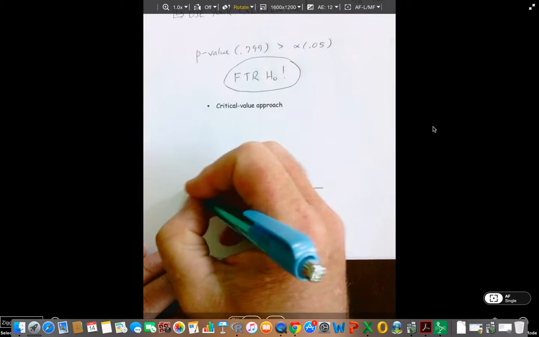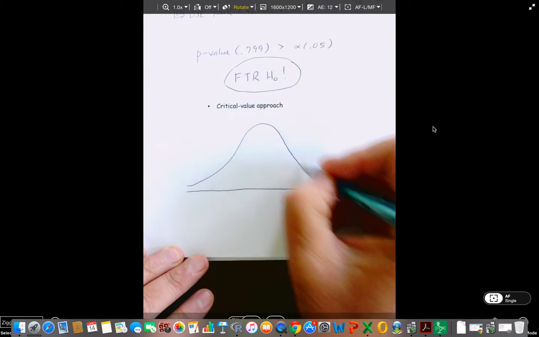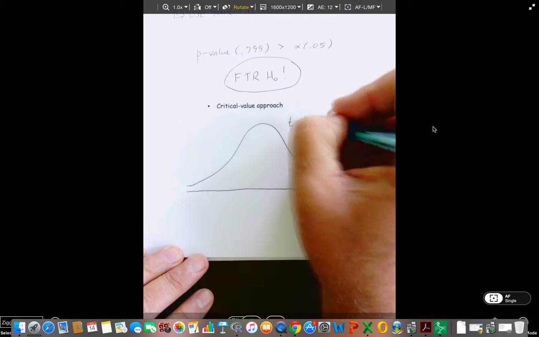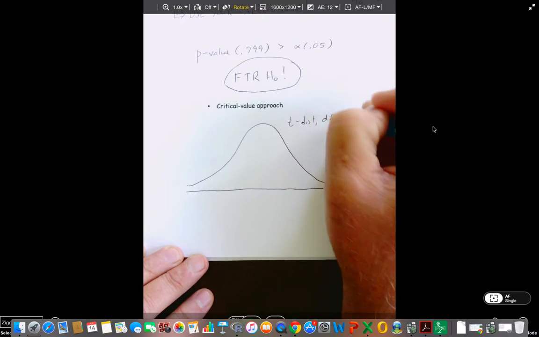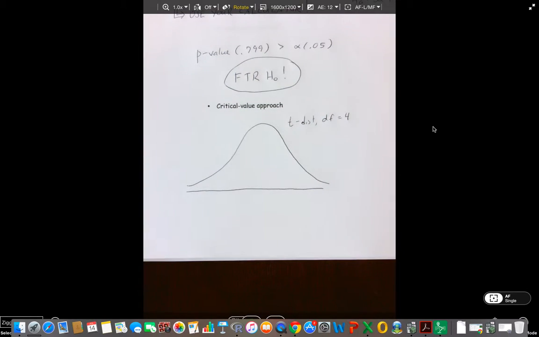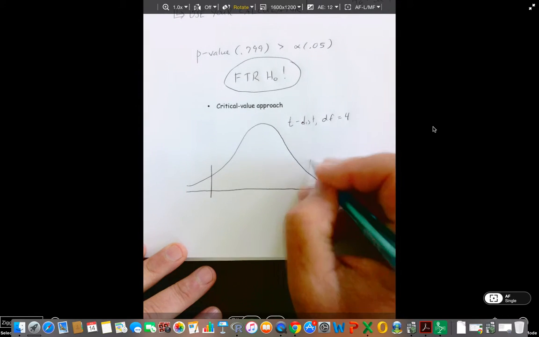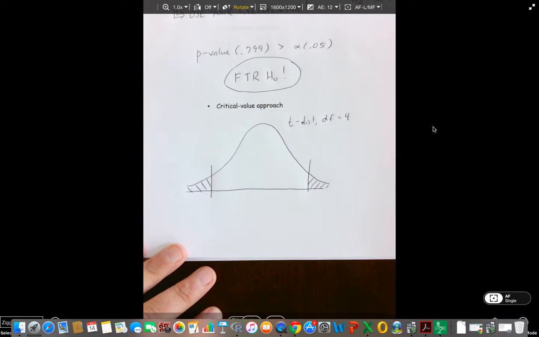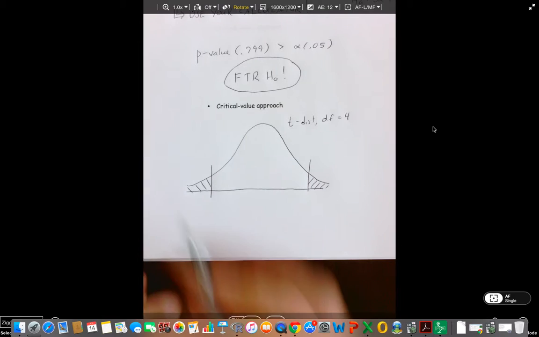What do we have here? We have a t-distribution with degrees of freedom equal to 4. We had 5 numbers, 5 miles per gallon, 5 minus 1 is 4. Because we're doing a two-tailed test, we create 2 regions of rejection.